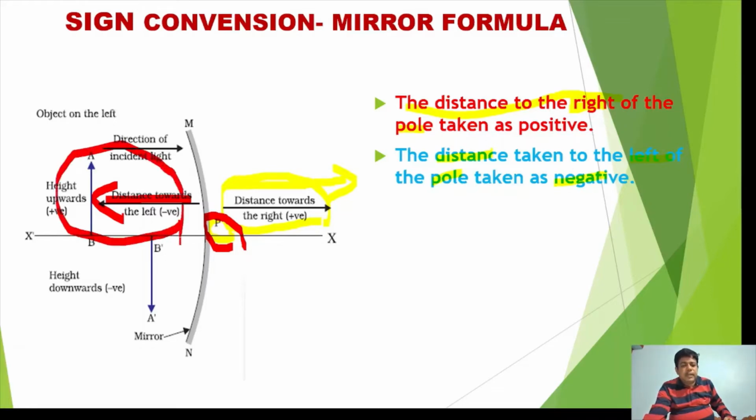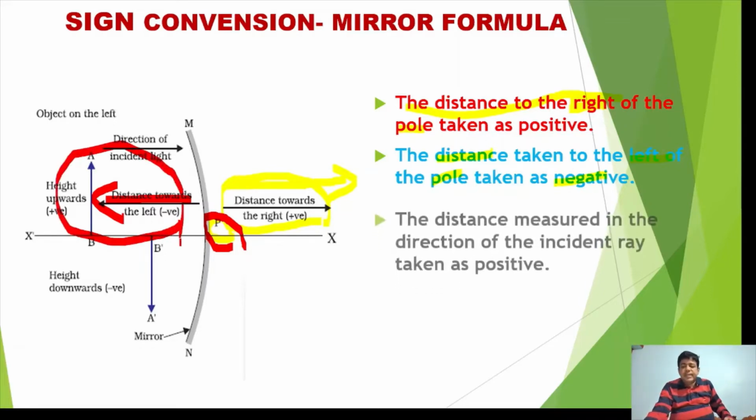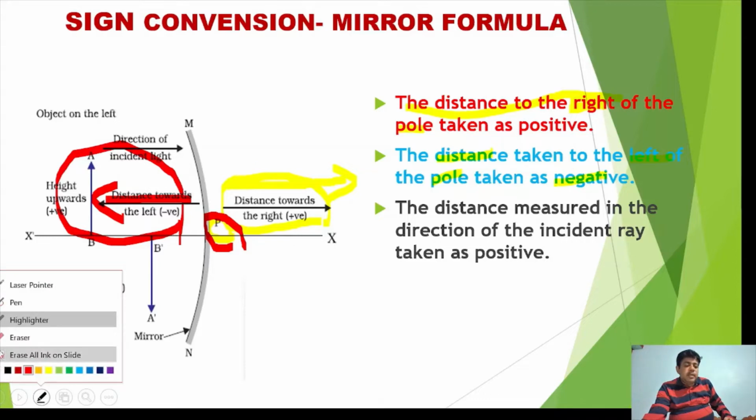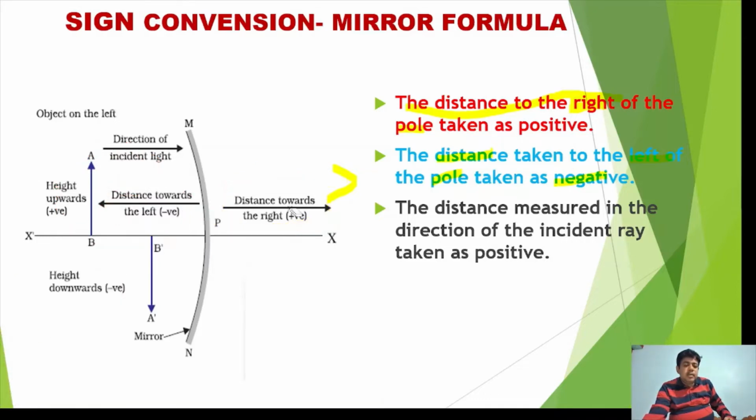Then the distance measured in the direction of the incident ray. Look here, the distance measured along the direction of the incident ray is taken as positive.